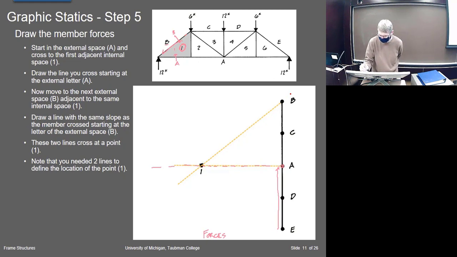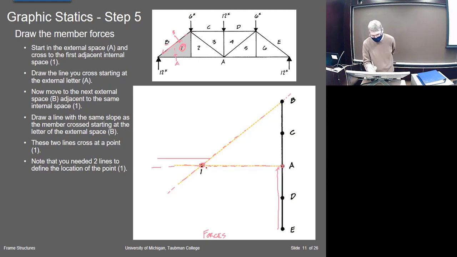So I don't know how long it is, but I know it goes like that. And those two lines, I know they share this point 1. So there is only one point where those two lines are going to cross, and that is right there. So in that way I find 1.